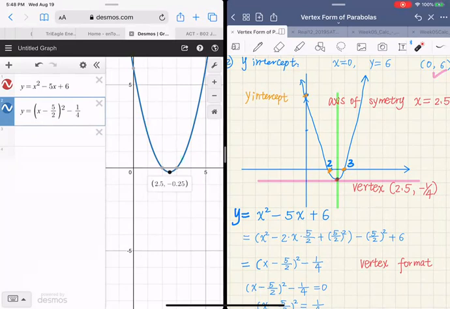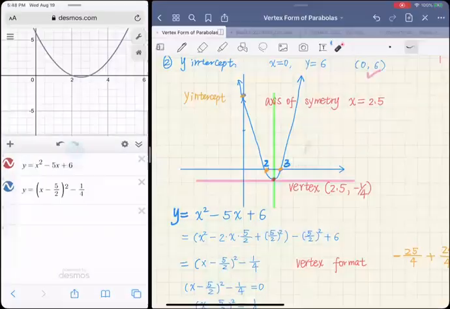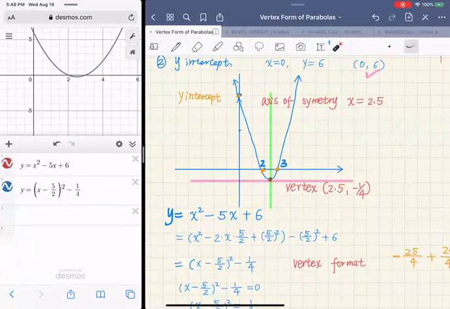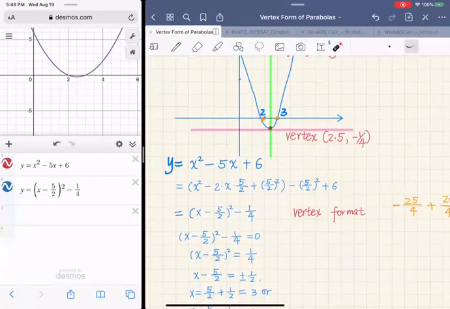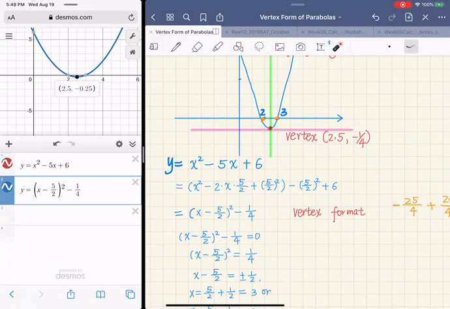Good. Now look, this point is called the vertex. If you draw it, you can read it: the vertex is at 2.5, negative 0.25. But you might wonder, if I don't want to draw, how do I find my vertex?